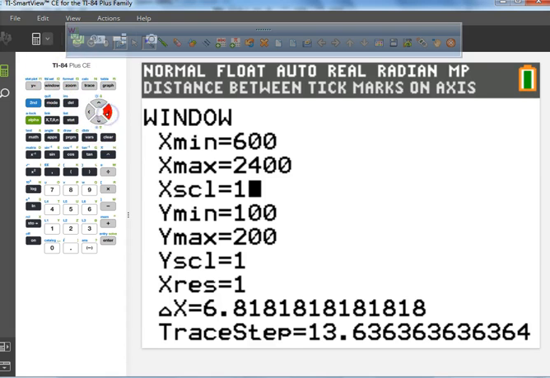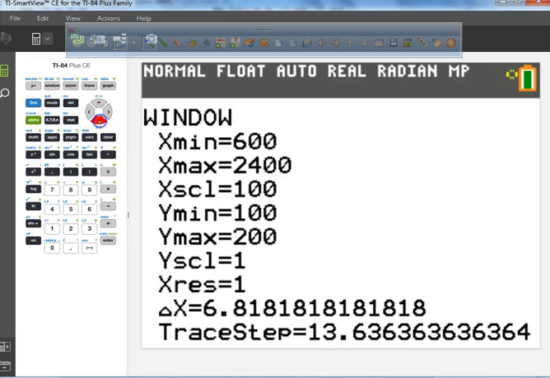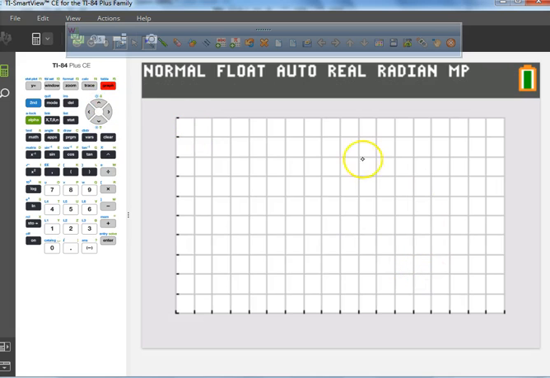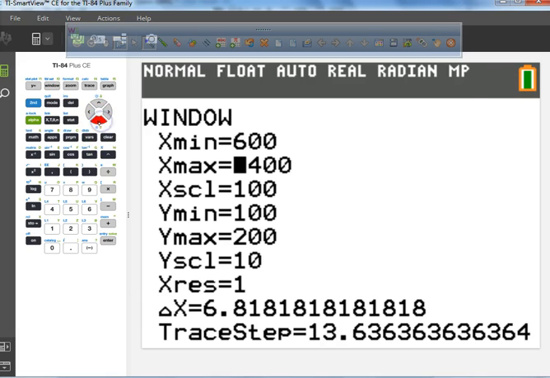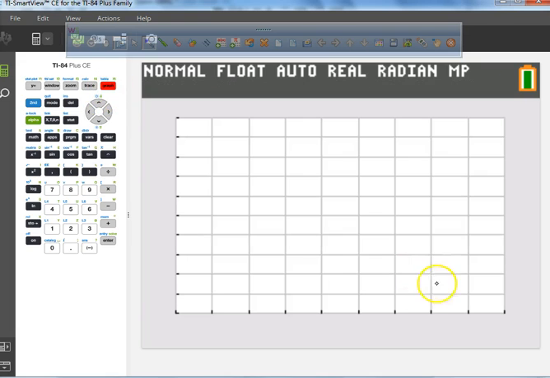Change it to 100. Change it to 10. And now you can see it, right? So right here, if I wanted the scale to be 100, it looks a lot better. But I'm just going to change it to 200. Just leave it like that. If you want to leave it 100, you can leave it 100.